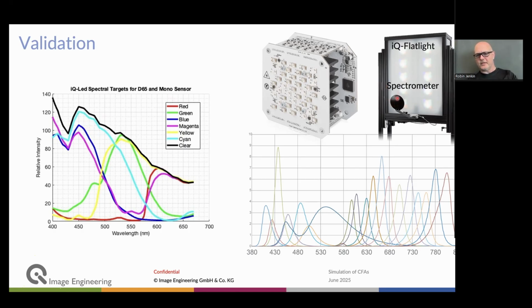So it has a spectroradiometer in front of it, and so it's able to do a closed loop calibration to try to match whatever target spectrum that we want to reproduce. So for each of the CFAs that I generated in the beginning of this, using a monochrome sensor and knowing what its QE is, I can generate these target spectra to simulate different CFA channels.